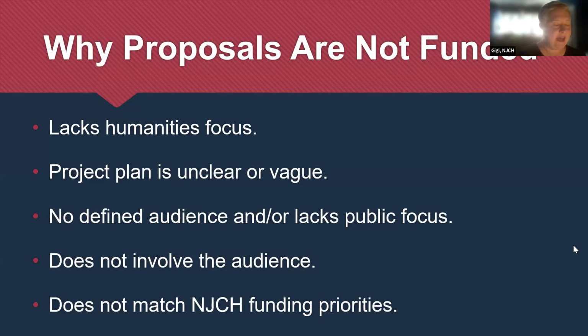And then, as I mentioned before, the most competitive proposals are ones that really involve audience members or their representatives in their conceptualization and implementation, whether at the grant stage or possibly before. Sometimes they've already been involved and now you're doing a different thing. And of course, not matching NJCH's funding priorities is very big.